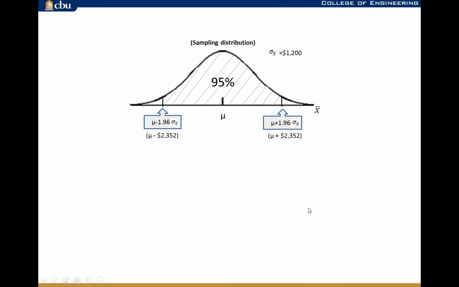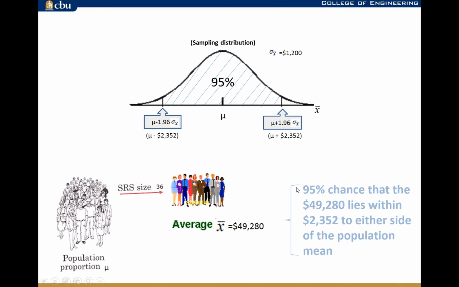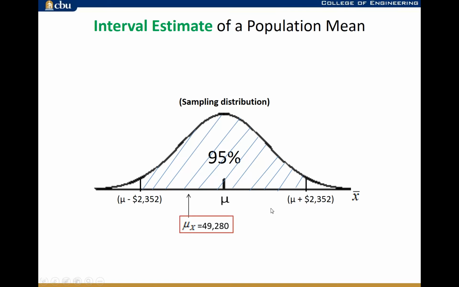So this is a drawing of that, and now we can see that 95% of the data has a chance to lie around one average like that, within a range of about 1.96 standard deviations of error above and below, and that is how the data is distributed.